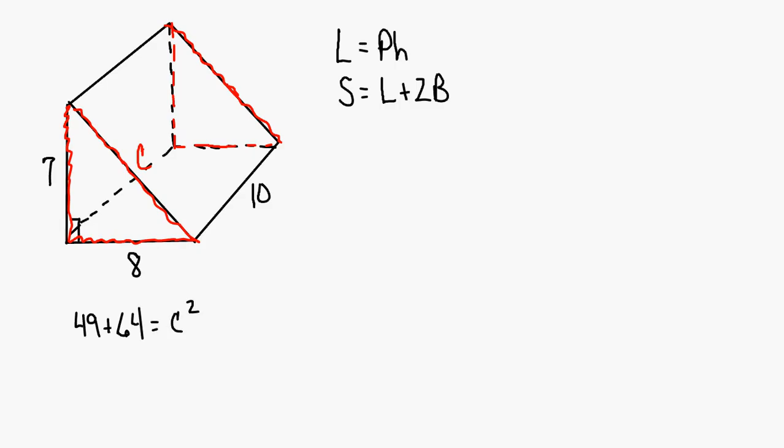And 49 plus 64 is 113 equals c squared, and if you square root each side, 10.6. 10.6 equals c.